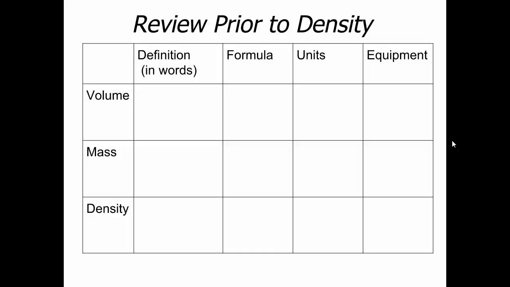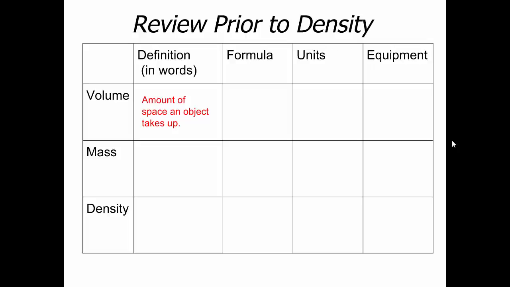All right, so as we talk about calculating density, let's quickly review what we've talked about thus far: volume and mass. Both of those measurements are required to calculate density. So, what is volume? Give me a definition of volume. Jake?